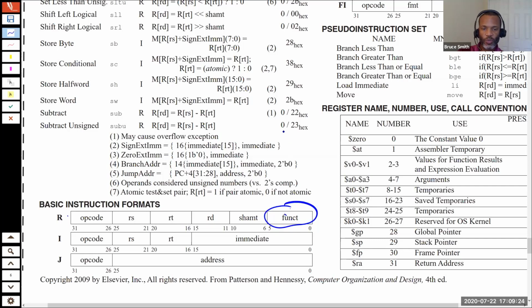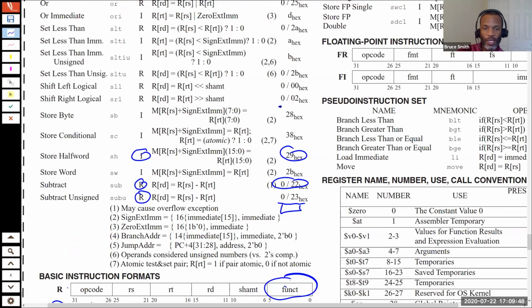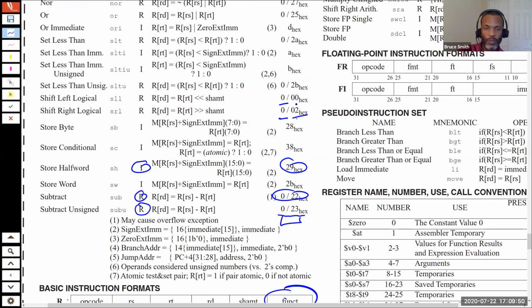Every time you see two, it's only going to show up for the R-type instructions. But if you just see one, it's going to be for a different instruction. It's going to be an I. There is no function code. So in truth, only the R has an op and a function.